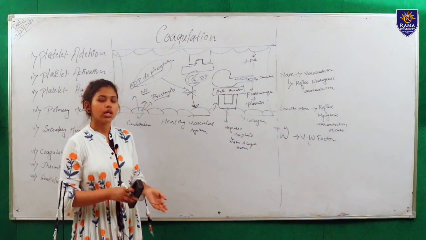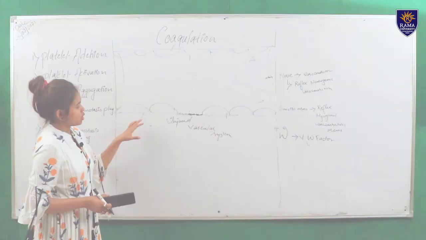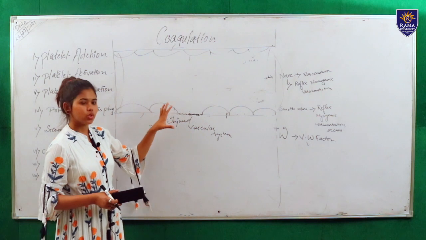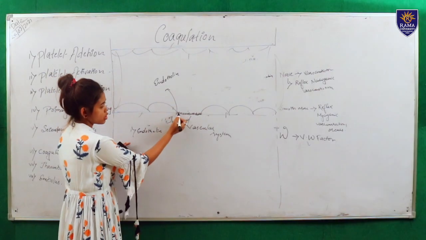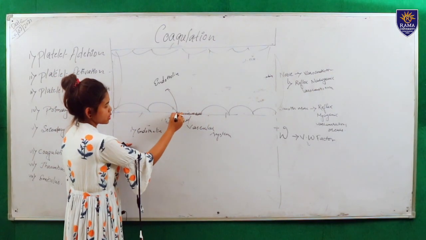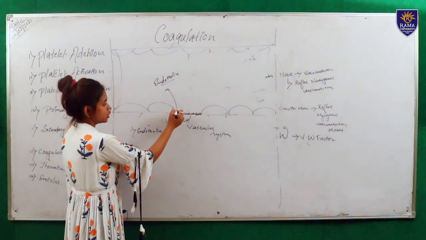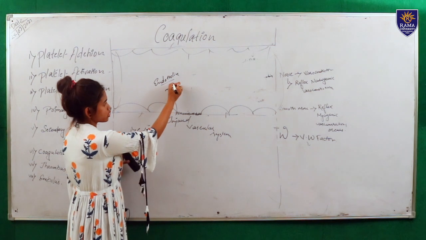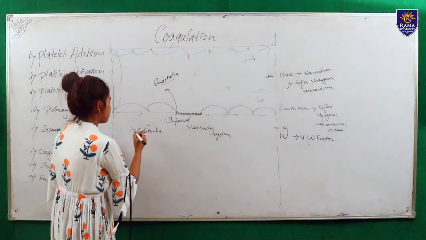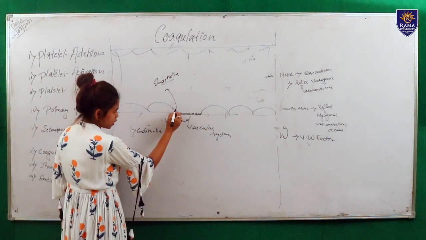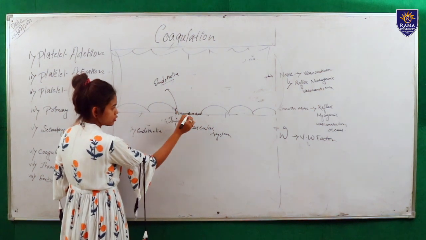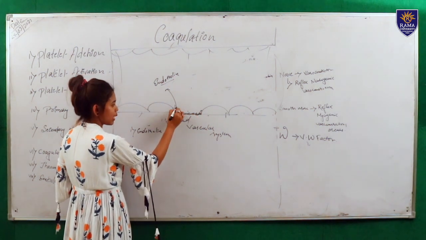Now I'll show you how an injured vascular system works. In the injured vascular system, there is a loss of endothelium. As there is no endothelium here, it releases a vasoconstrictor called endothelin. As we know, where there is an injury, there is nerve damage and smooth muscle damage also.